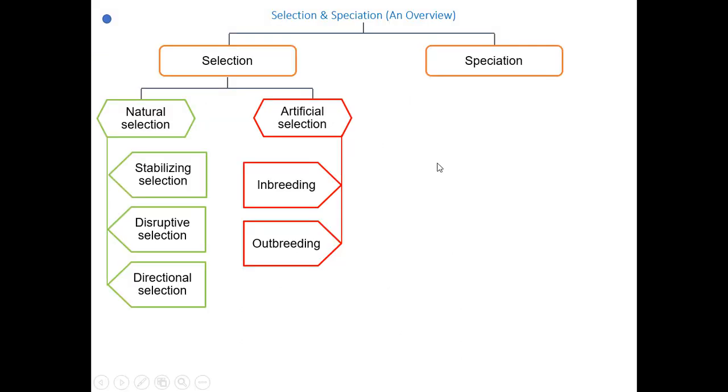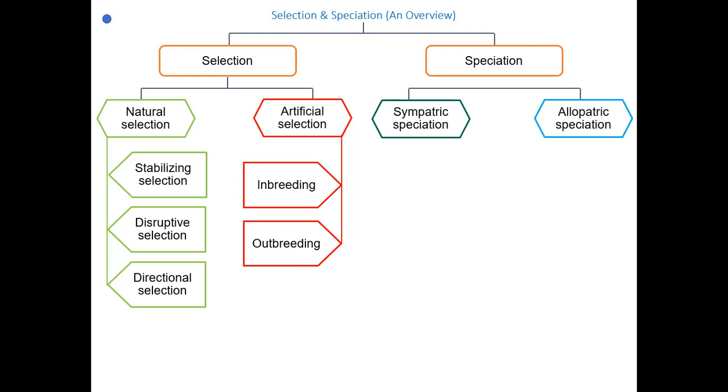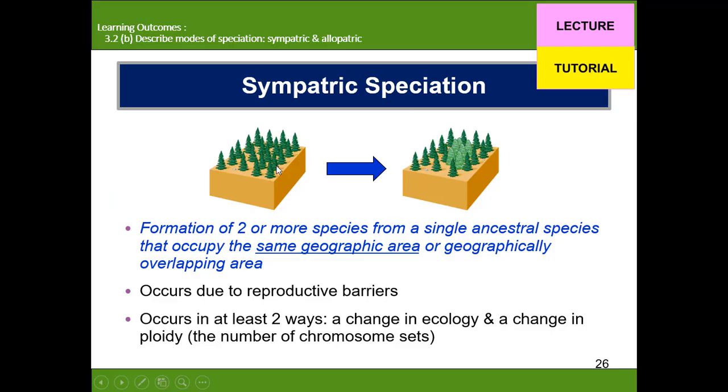Next subtopic is speciation. Speciation is divided into two: sympatric speciation and allopatric speciation. Sympatric speciation is the formation of two or more species from a single ancestral species that occupy the same geographic area or geographically overlapping area.